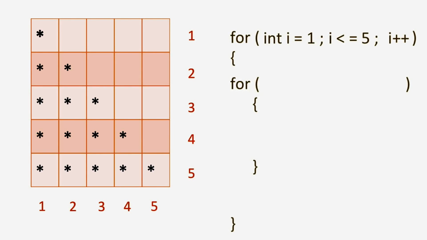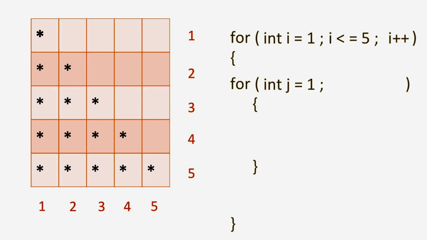Now if you look carefully, in this kind of pyramid the number of stars in each row is equal to the row number. In the first row it has only 1 star, in the second row it has 2 stars. So we need to define a condition that starts from 1, so we give it int j equals 1, and that goes up to the row number.